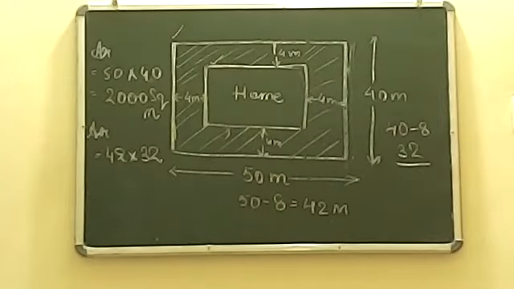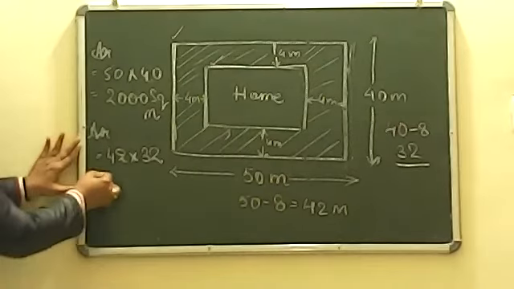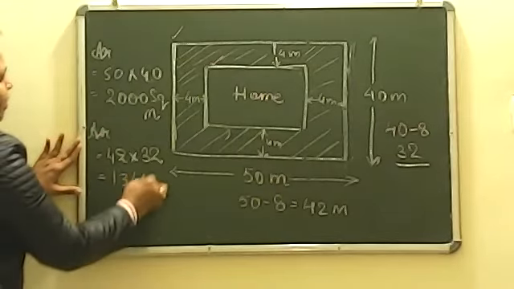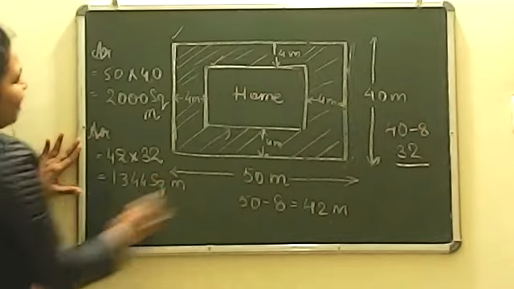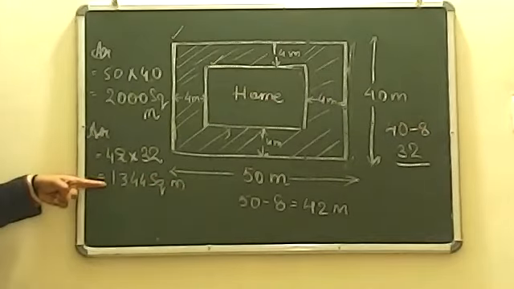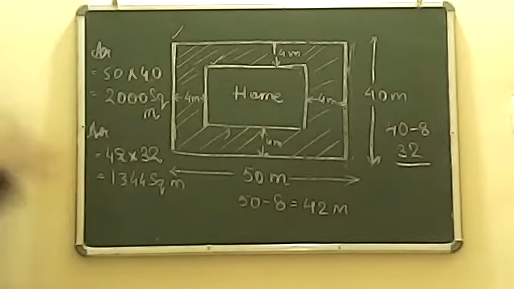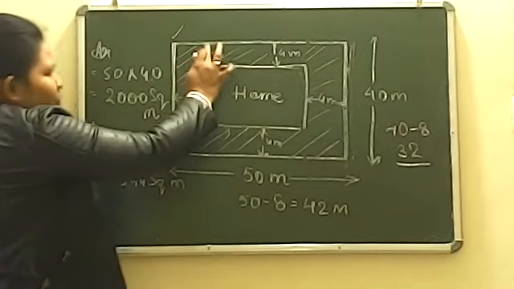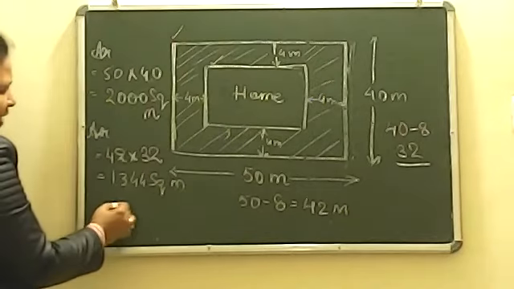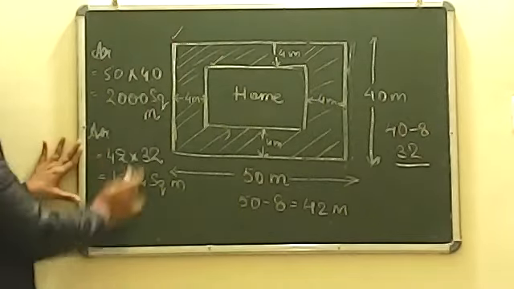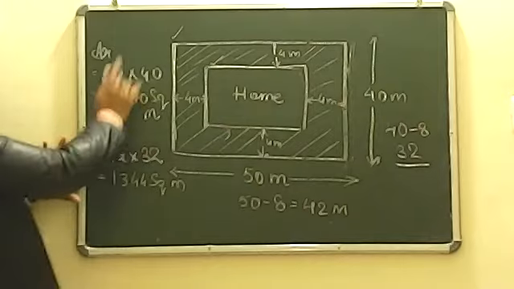Correct. So when you are having 1344, this is not the actual thing I was asking for, beta. Because many of you have given me this answer, 1344. My question was to find out the area of the left out portion. So how do we find the left out portion? You will be subtracting 1344 from 2000.